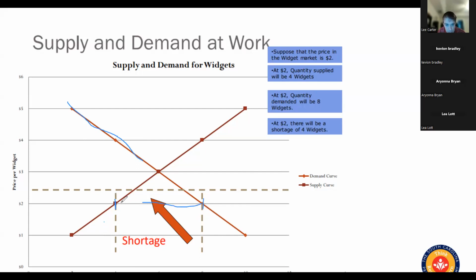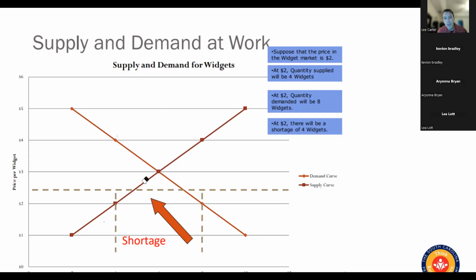So the shortage here is that there's a demand for 4 more at the price of $2 than there is being supplied. So what they need to do is raise the price to $3 because people will still buy 6 of those, and the people will want to produce or supply 2 more. So the idea is that when there's a shortage, you raise prices and you'll meet that gap.